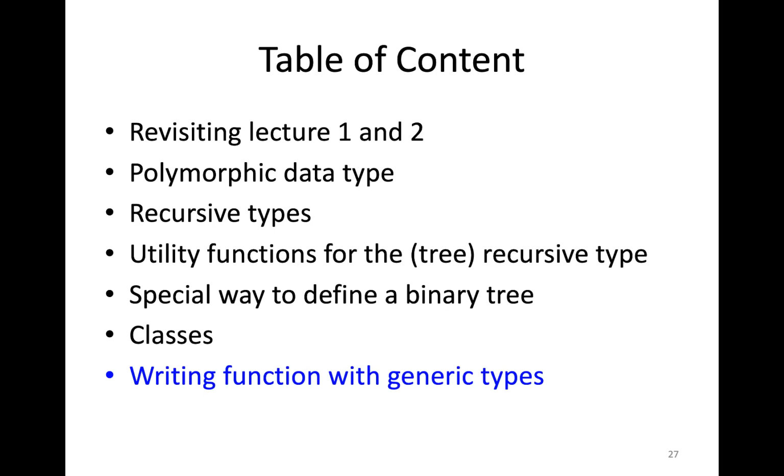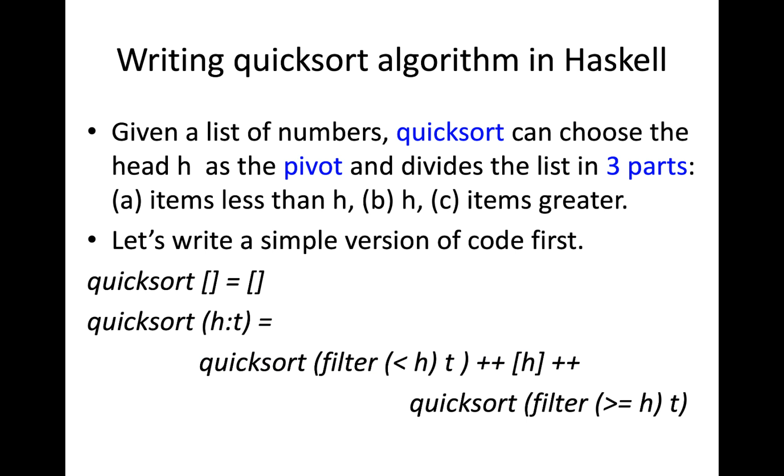Okay, now maybe last topic, how to write a function with a generic type. One good example is to write a quicksort function. And how does quicksort work? Quicksort takes one list as an input, and one particular item in the list works as pivot. Typically the first item of the list we can take as pivot.